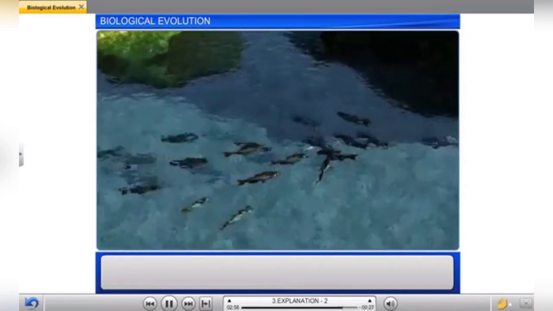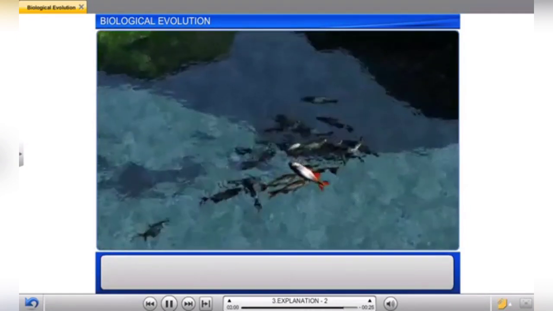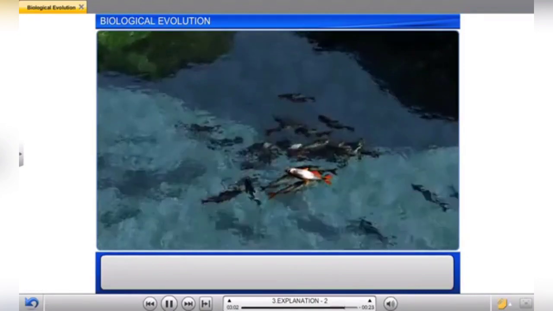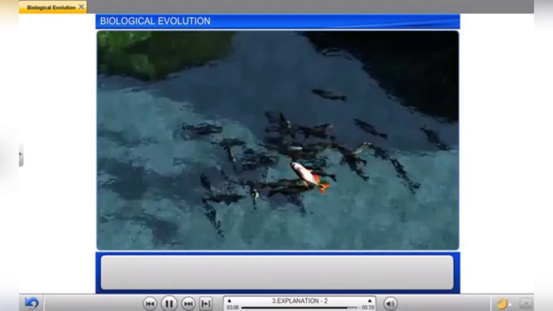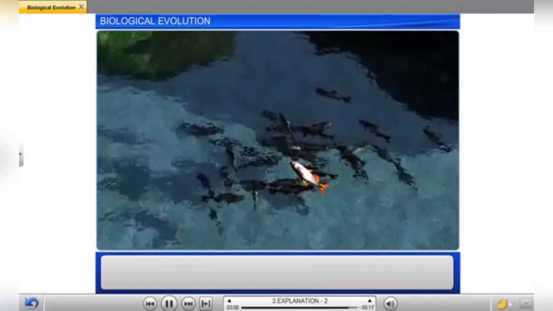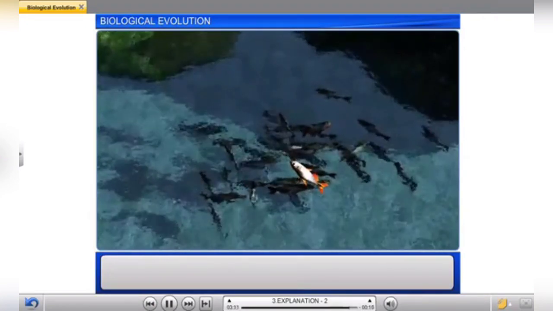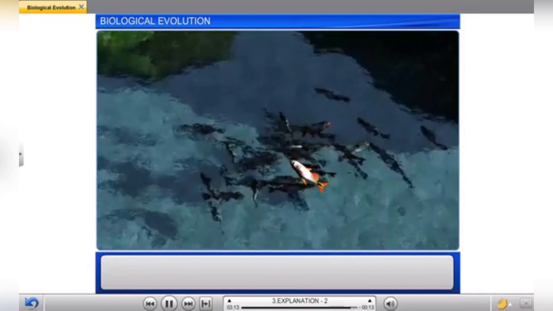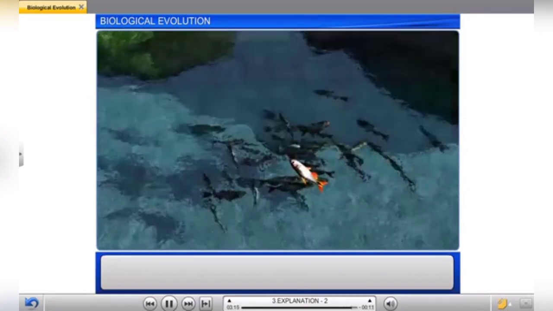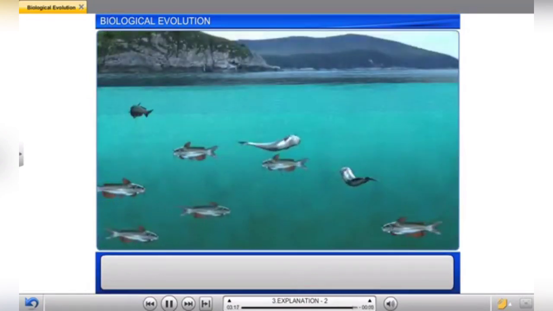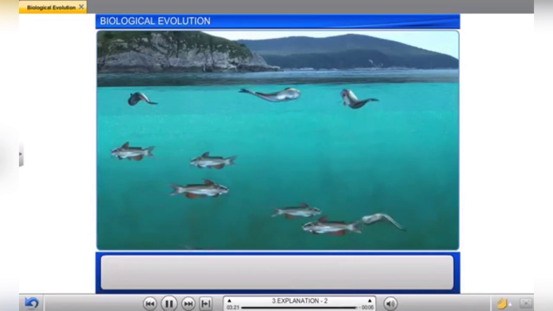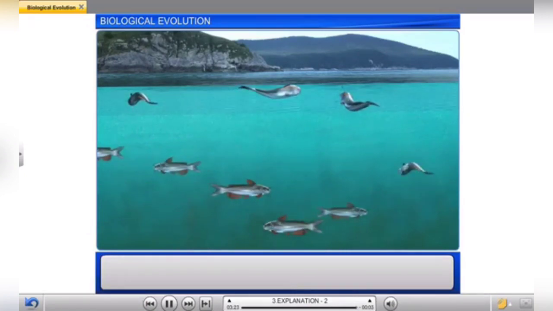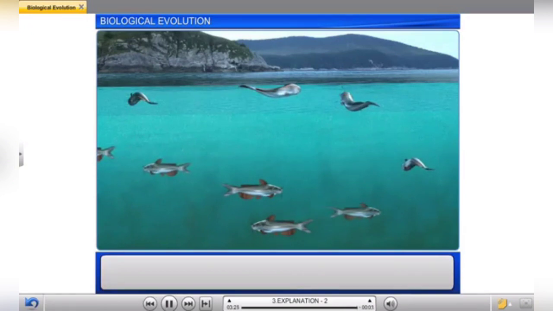However, the population growth of organisms is limited because they compete with each other for natural resources. For example, a rise in the fish population of a river will lead to subsequent competition among them for resources. Therefore, organisms who adapt themselves and compete fiercely will survive, while the weaker ones will perish.